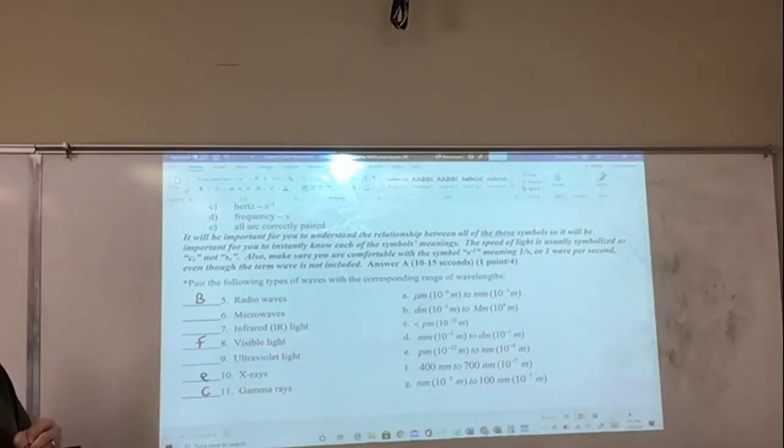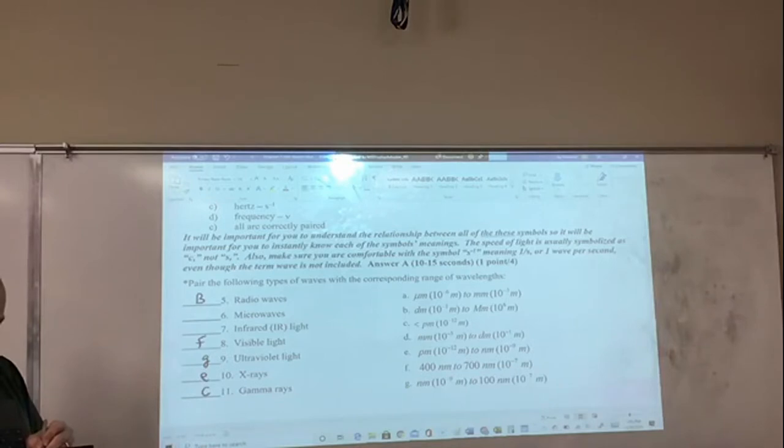It's also nanometers, yep. And then infrared is going to be micrometers to millimeters.